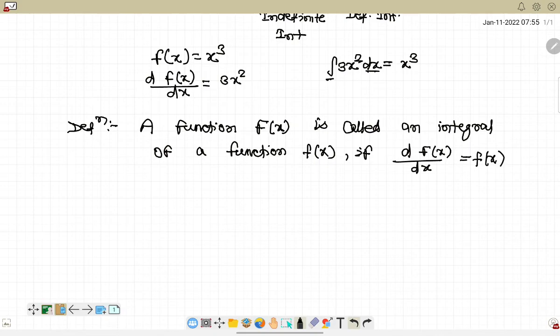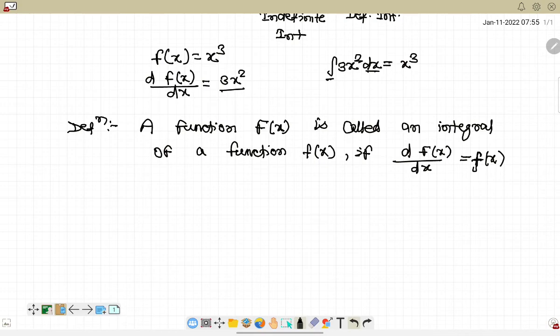You can check this value. In the first example, if we differentiate x cube, then we will get 3x square. So if we integrate 3x square dx, then we will get x cube. So this one is a small f(x).